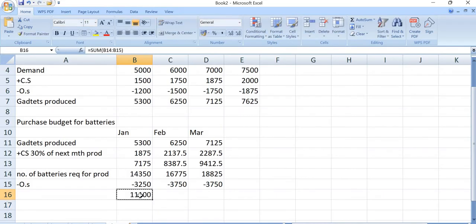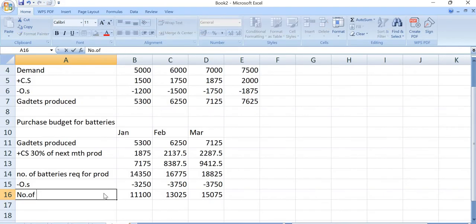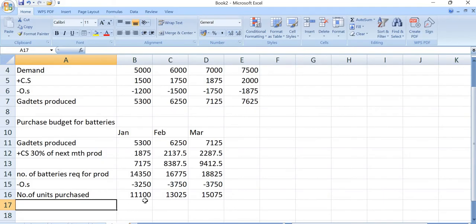So the number of units to be purchased is 11,100, 13,025 and 14,000.